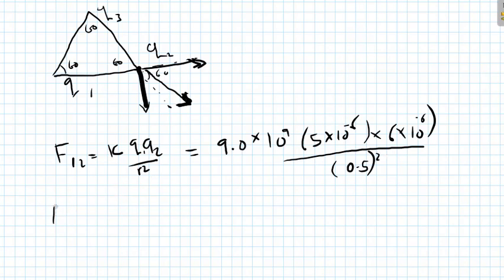Equally, we have the force F32 equal to K Q3 Q2 over R squared.